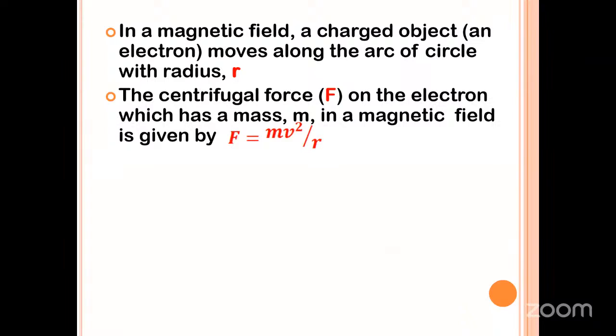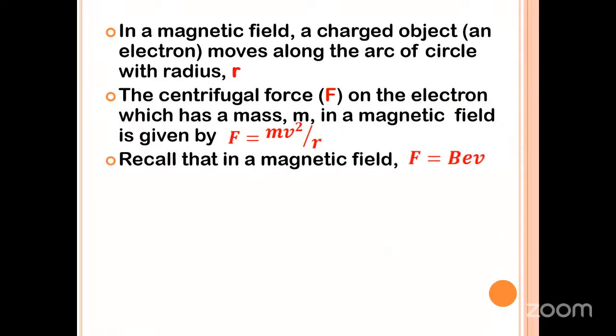This is something you are familiar with. So now recall that mv squared over r is the centrifugal force on an object in a magnetic field. BeV is also the magnetic field force. So these two forces are acting.